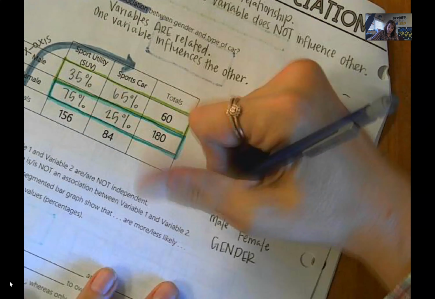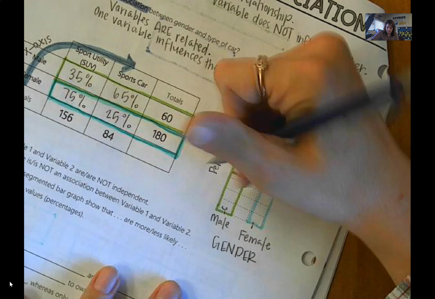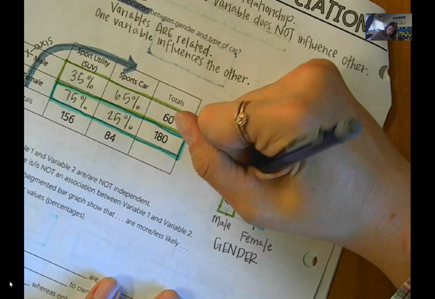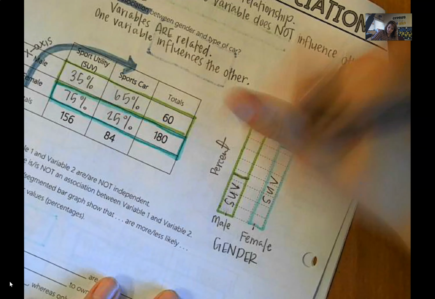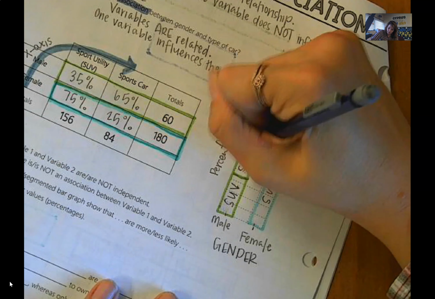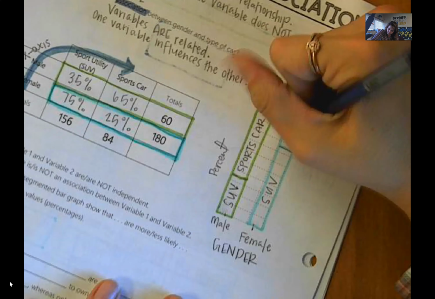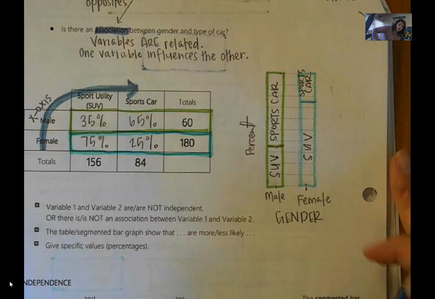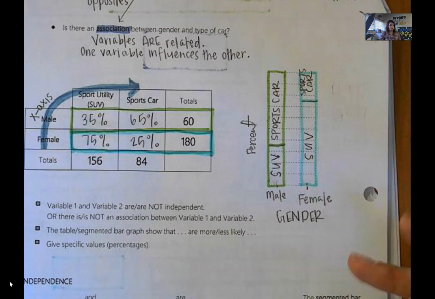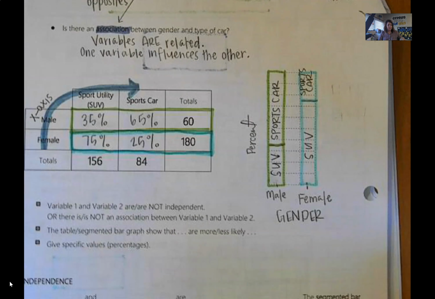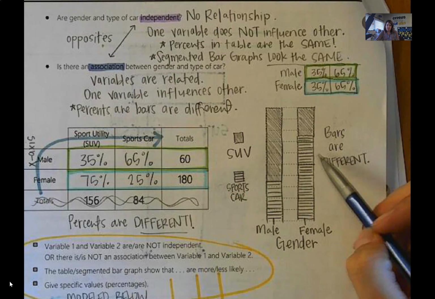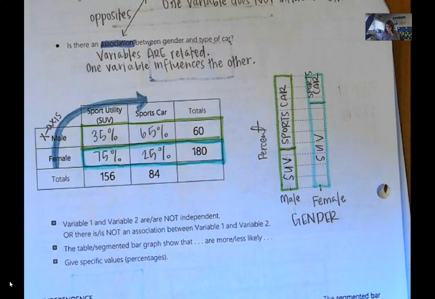So I could just go in here and say, okay, this is SUV on both of the graphs. And this is sports car. So whichever way you prefer, that's what you are going to use. I'm not sure which way I prefer. Maybe I prefer this way. I can't really tell. For some reason, this shading isn't bothering me, but that shading was.